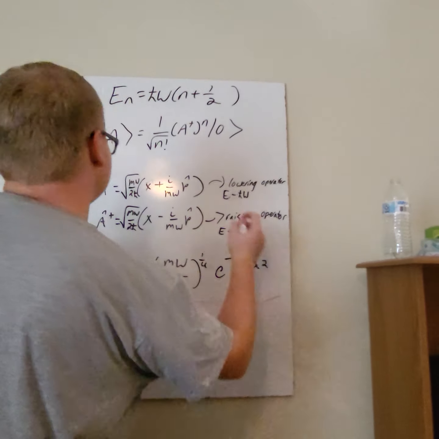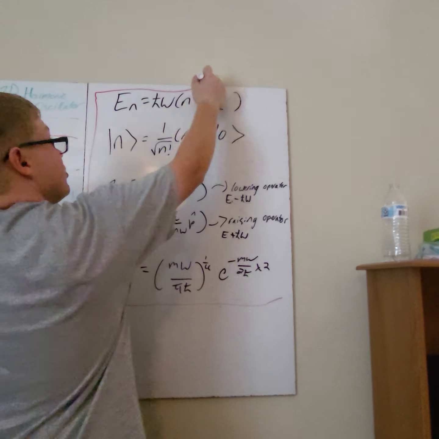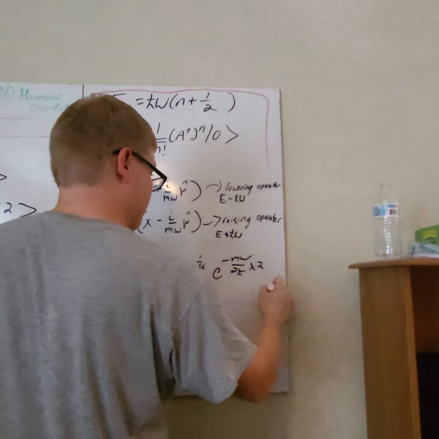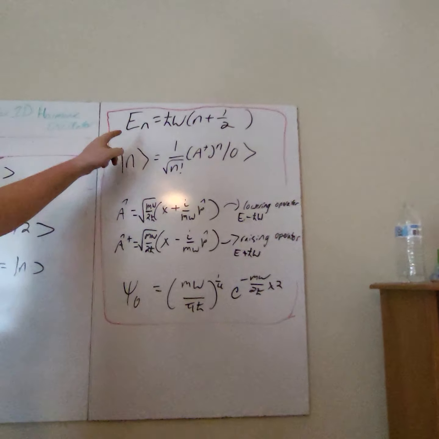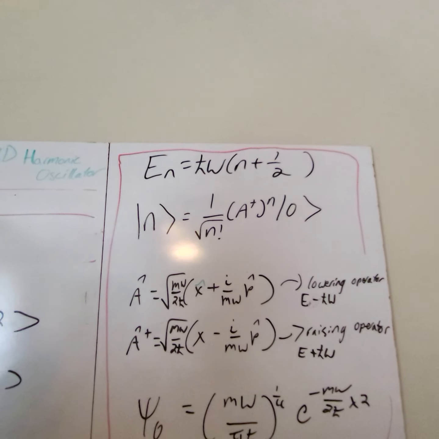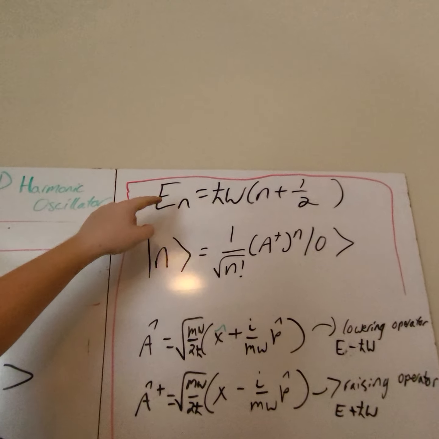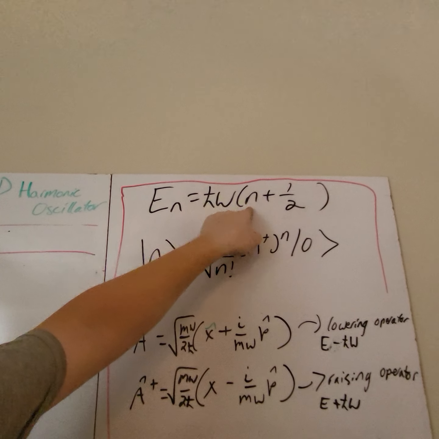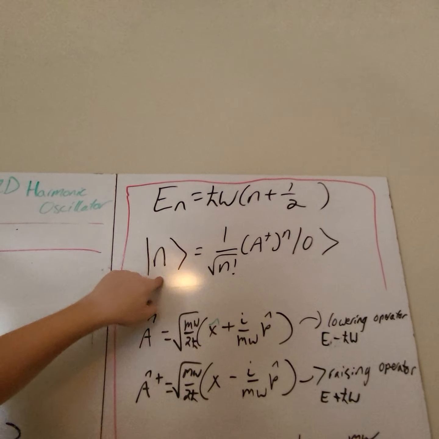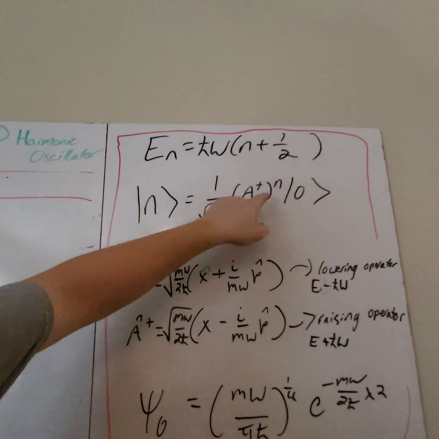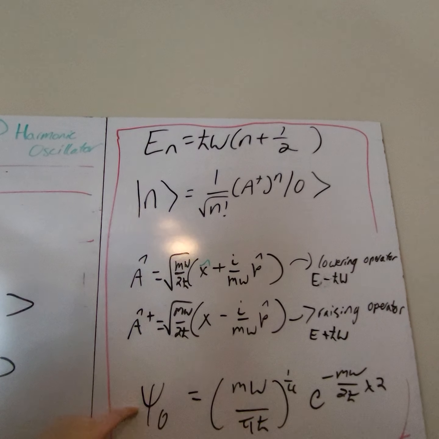Alright, so these are the results here. This is the possible energies that a harmonic oscillator can have. That's the energy level. That's the nth state. You apply this operator repeatedly to this ground state over here. I should say wrong marker, but anyway.